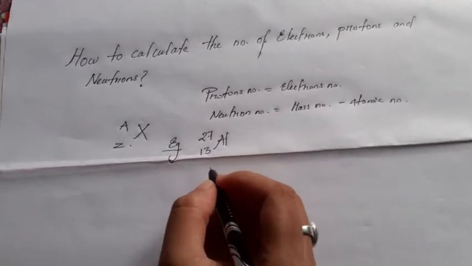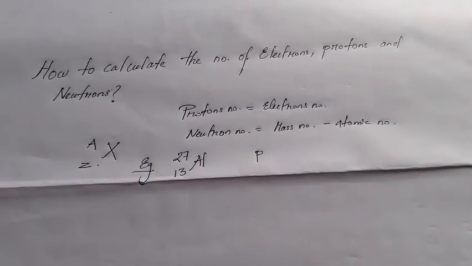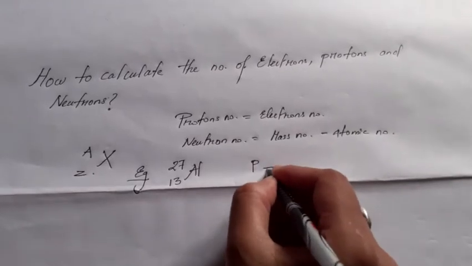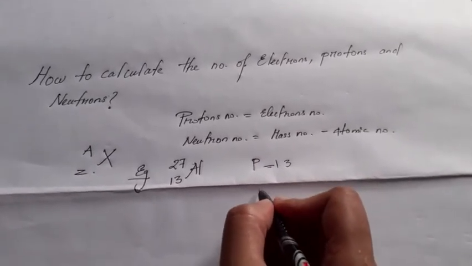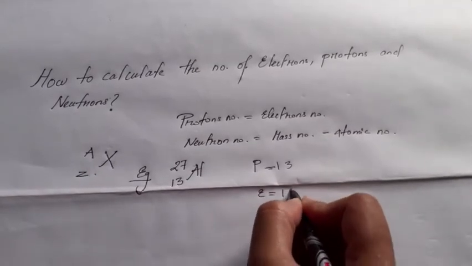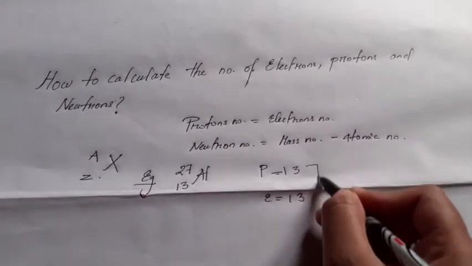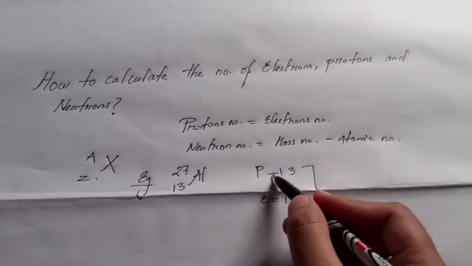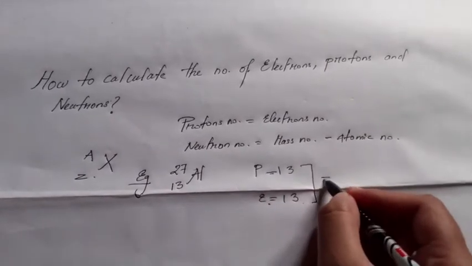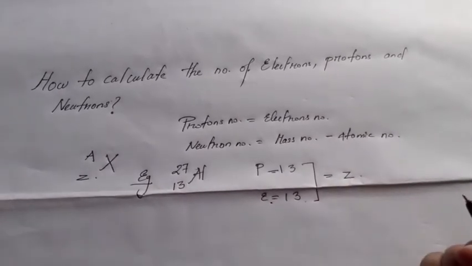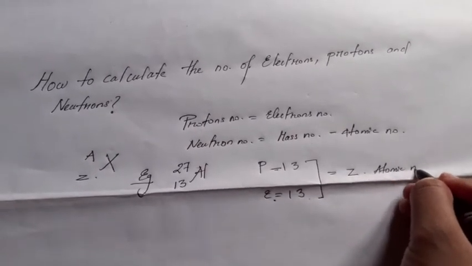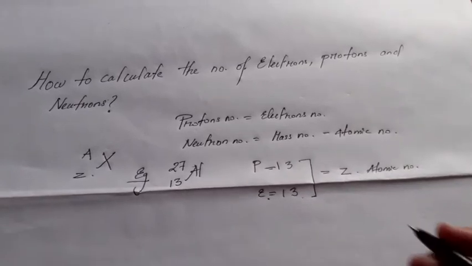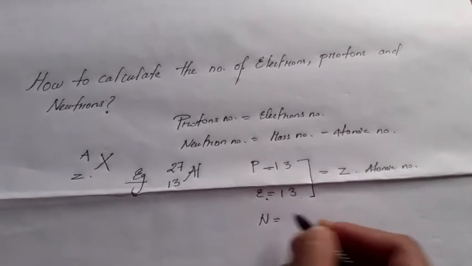Let's take the example of aluminum. In case of aluminum, the proton number will be 13 and the electron number will also be 13. From this we can say that the proton number and electron number are always equal to the atomic number. Now we have to calculate the neutron number.